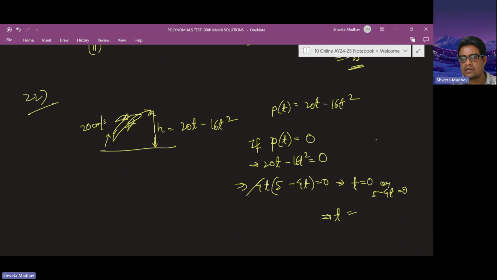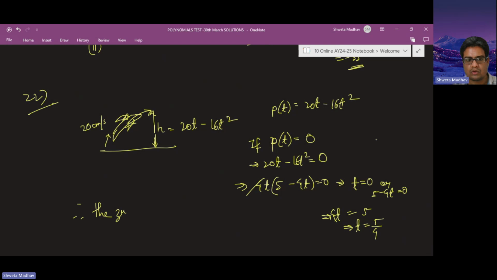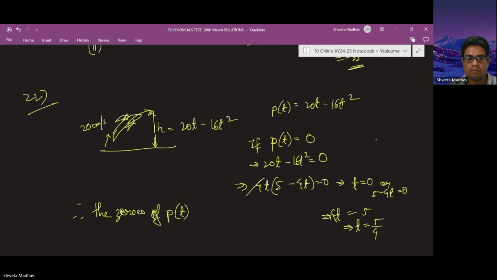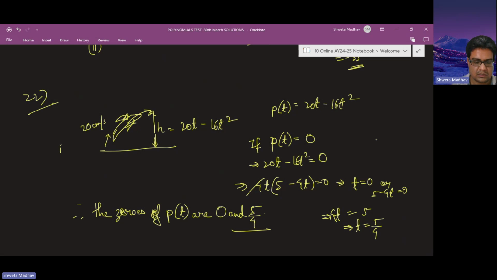In the second case, we get 4t is equal to 5, so t will be equal to 5 by 4. Therefore the zeros of the polynomial p of t are 0 and 5 by 4. So these two are the answers for the question number 1.